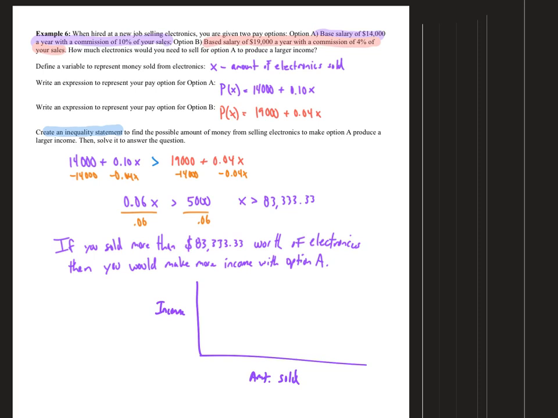That first line starts at 14,000, but has a steeper slope because it goes up at 0.1. I'm going to exaggerate things. And the second line has a higher y-intercept at 19,000, but a less steep slope. And so here's that point we're talking about, right? This is that 83,000.